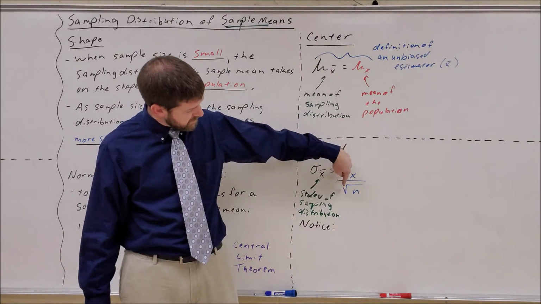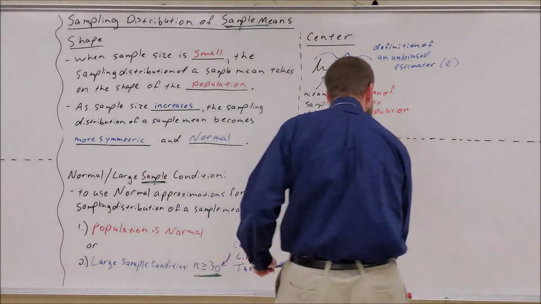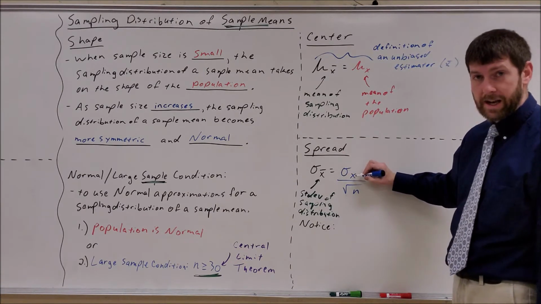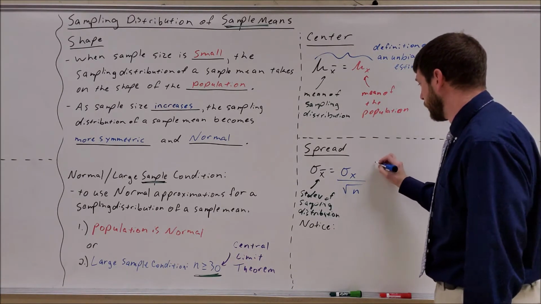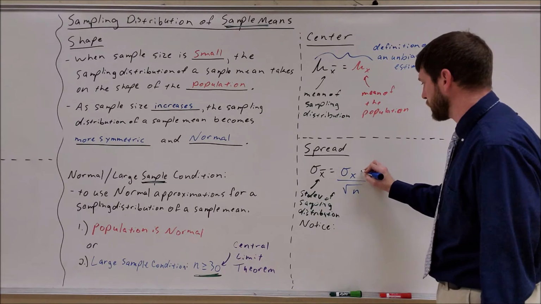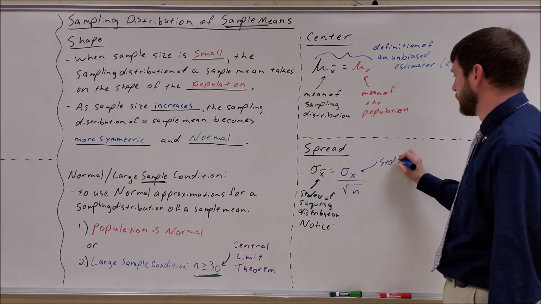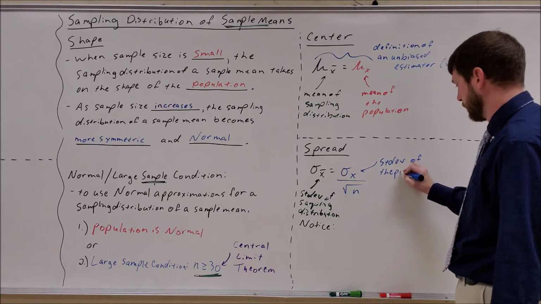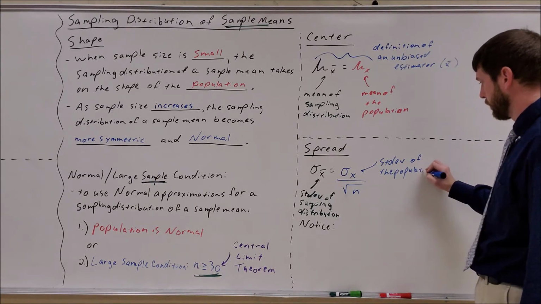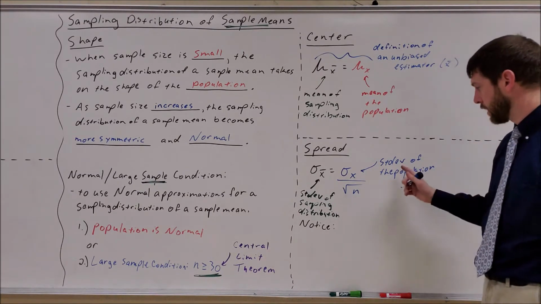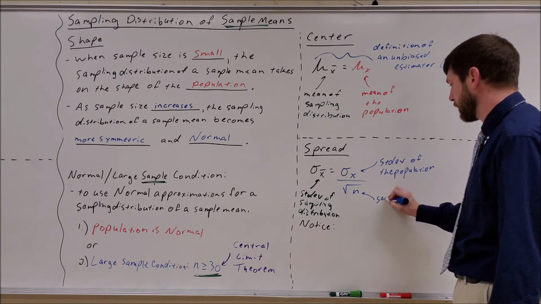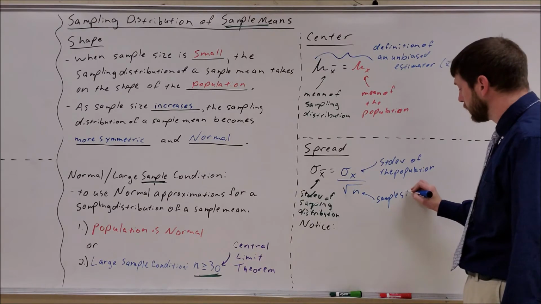We have sigma x divided by square root of n. Well, what does sigma x represent? Sigma is standard deviation, x is our variable, so that refers to the population. So sigma x is the standard deviation of the population, and n should be representing, as it always does, sample size.